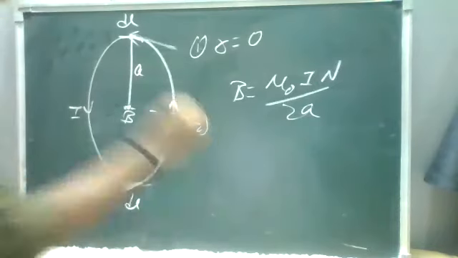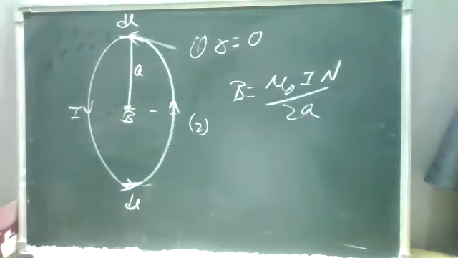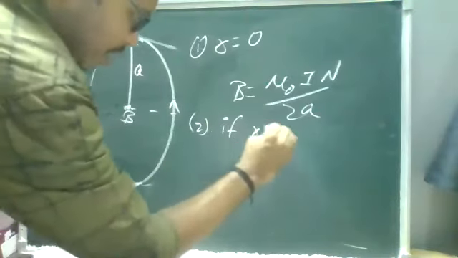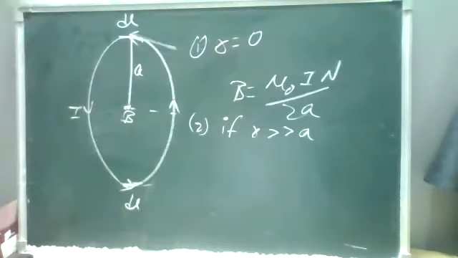Second one: if r is much greater than a, that means the distance r is much greater compared to its radius.